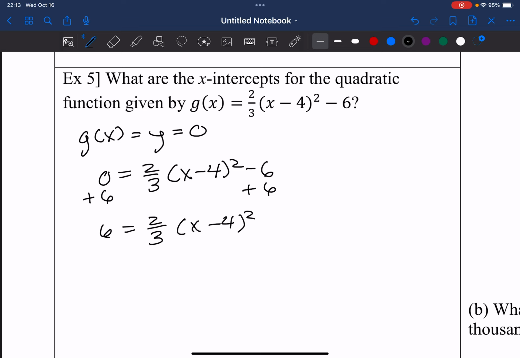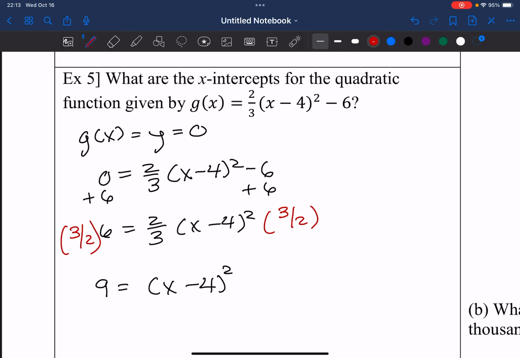In order to get rid of the 2/3, I'm going to multiply both sides by the reciprocal 3/2. Which means I am left with 18/2, which is 9. So 9 is equal to (x minus 4) squared.